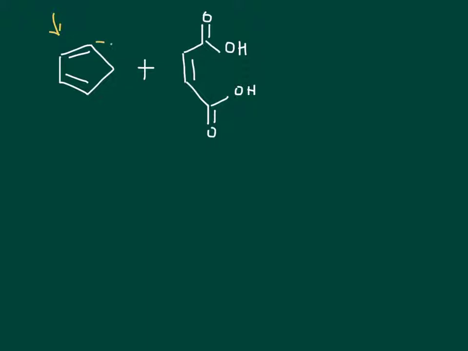We can go ahead and start and draw the bonds we're going to create between these carbons, the ends of the diene. Messed up a little bit there. But we'll go ahead and draw our arrows, create our bonds, move this one, and now we're going to have to make a choice. Since it's a bicyclic compound, I'm going to draw it a little bit differently.